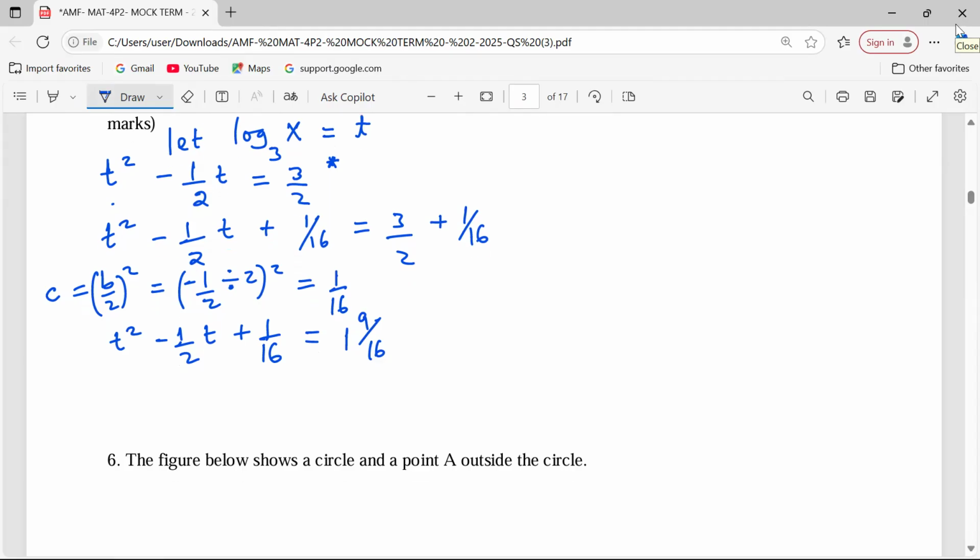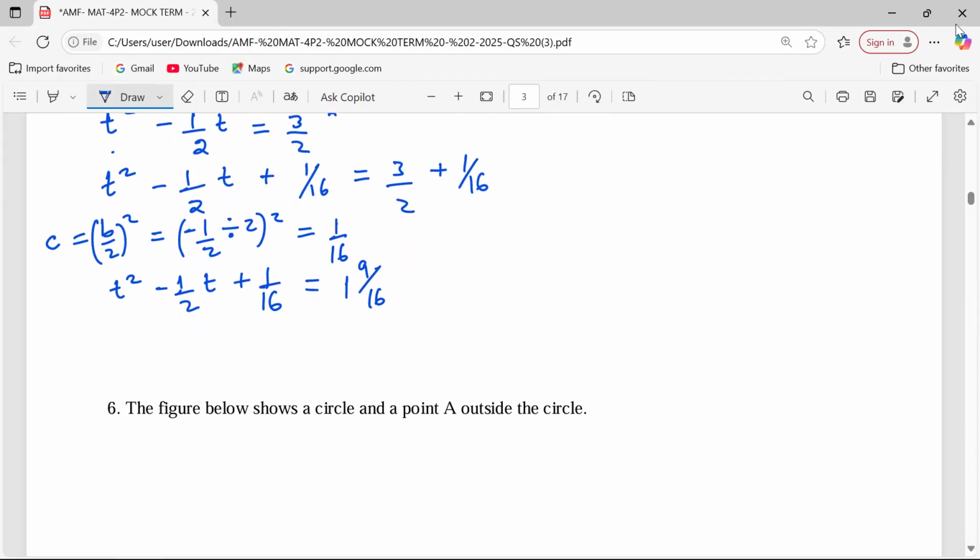At this point, allow me to factorize the perfect square on my left. For me to factorize, I take the square root of the first part, which is t, the sign that follows, which is a minus, and the square root of the constant, which is 1 over 4, squared, equals to 25 over 16.